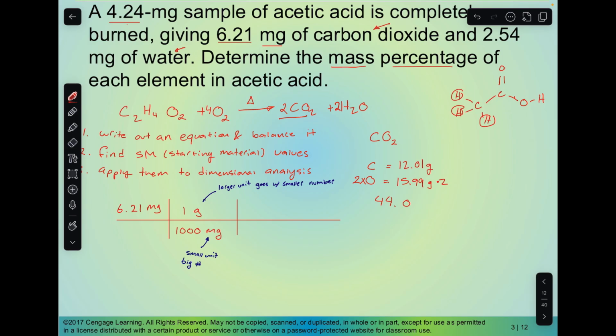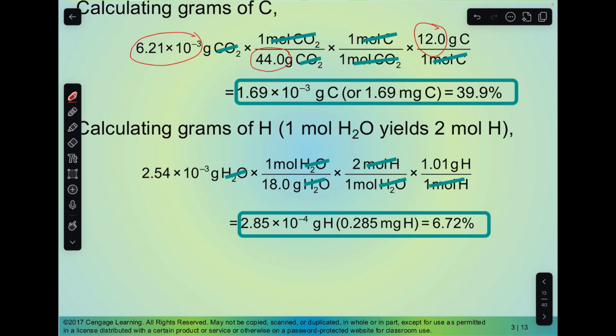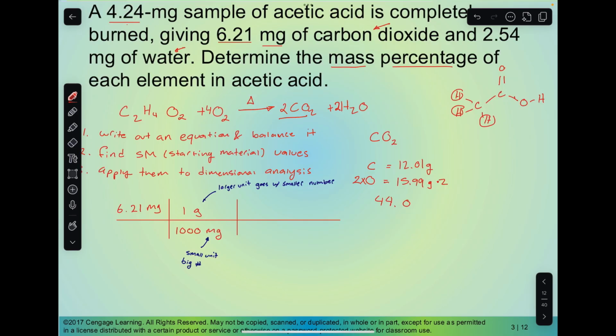I believe it's 44.0. What do they have over here? 44.0. Let's stick with that. So we'll cut off a sig fig there. It's fine. I don't really mind doing that right here because we only have 3 sig figs anyway, and so it's not going to matter too much. So 44.0. Also, this is CO2. Grams of CO2 in 1 mole of CO2.